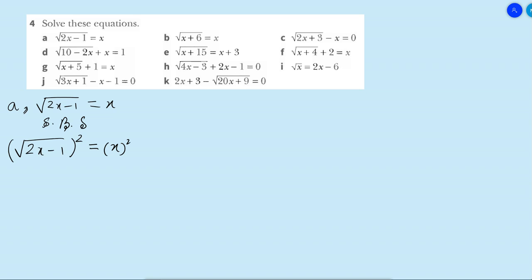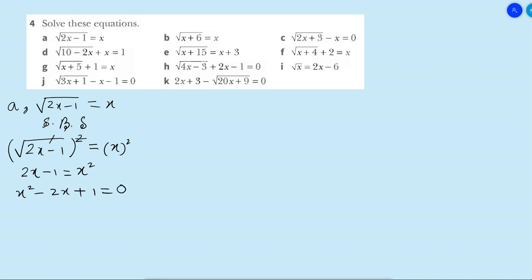There is only one way, that is taking the square on both sides. This square is cancelled by this root. 2x minus 1 is equals to x square. Then x square minus 2x plus 1 is equals to 0.